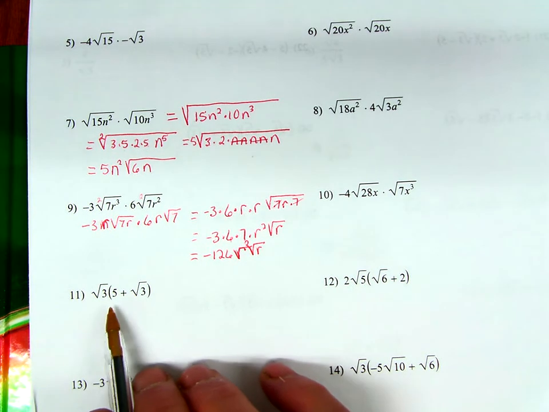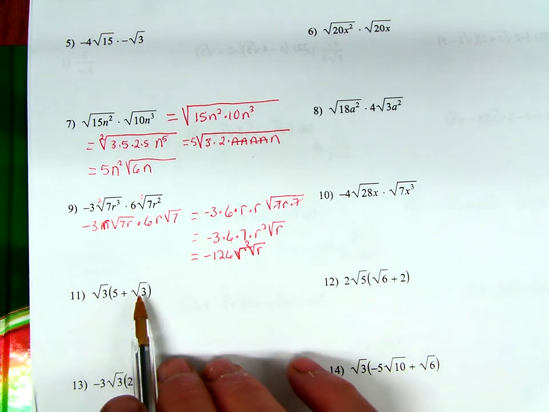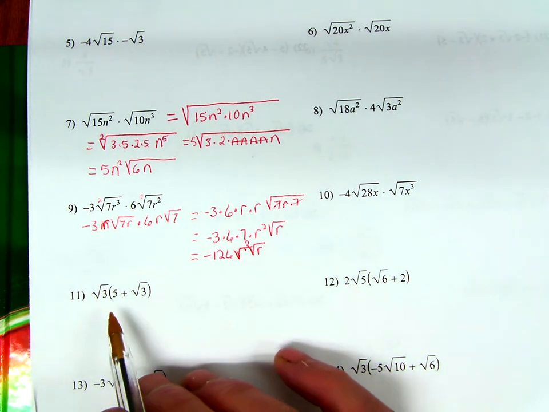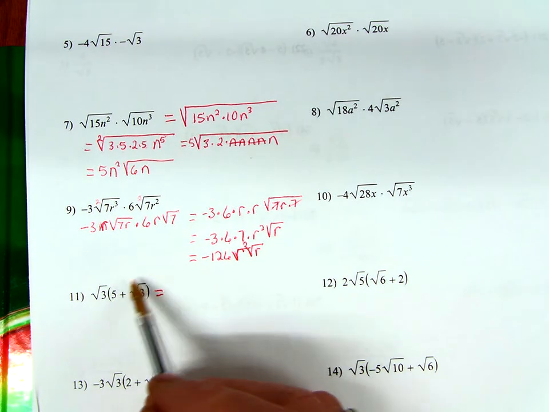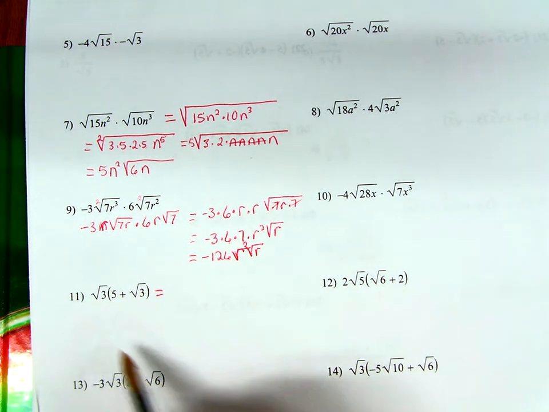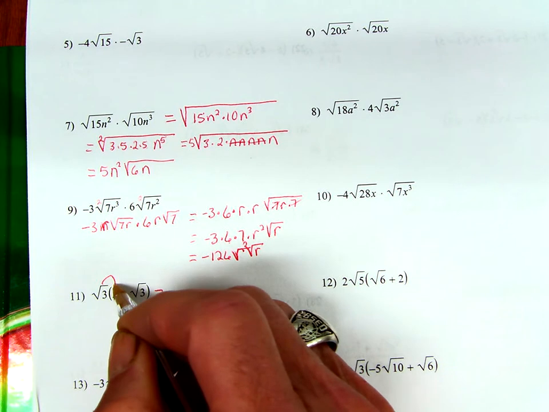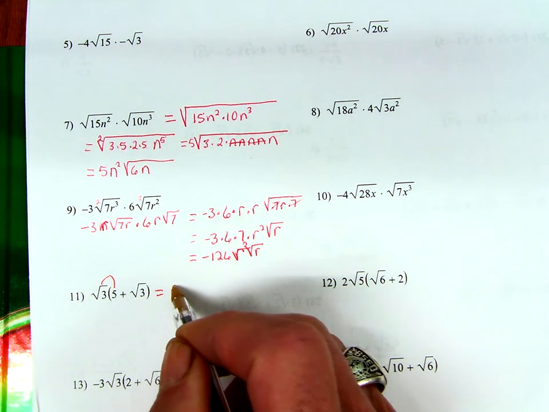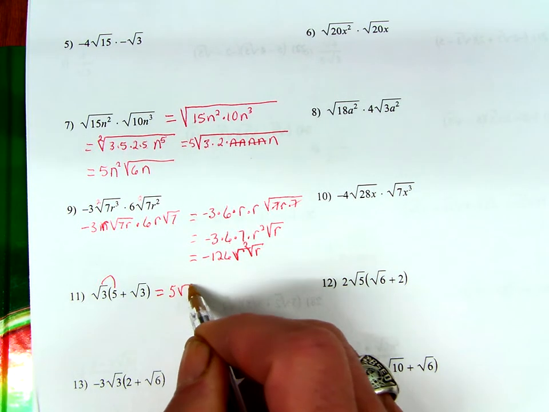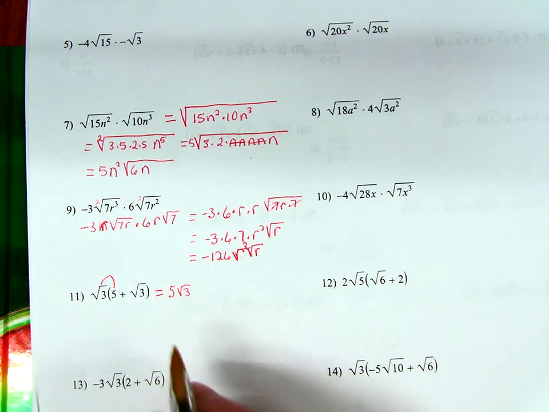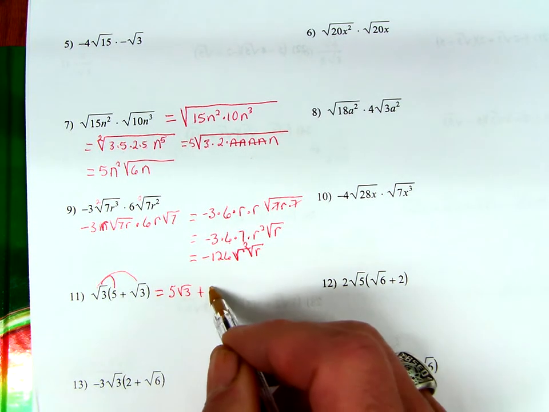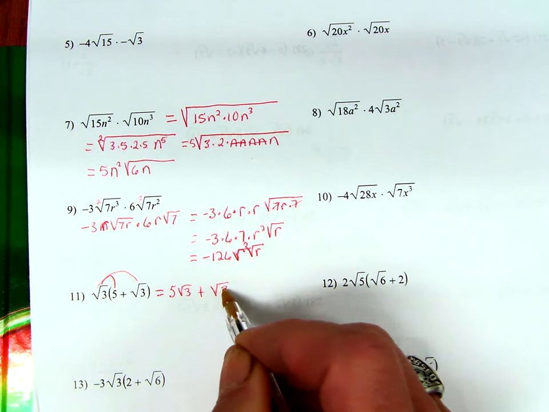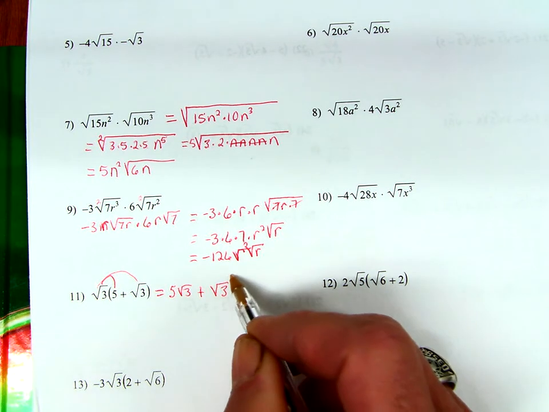Whew, look at this ugly thing. What are we going to do? Parentheses mean multiply. This is the distributive property. This times this, so 5 square roots of 3. And then this times this, plus square root 3 squared.